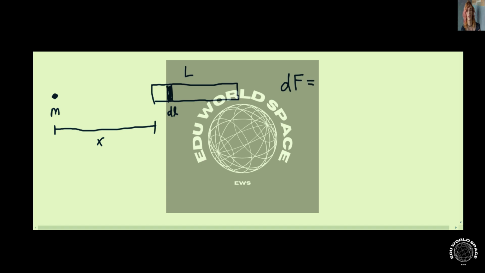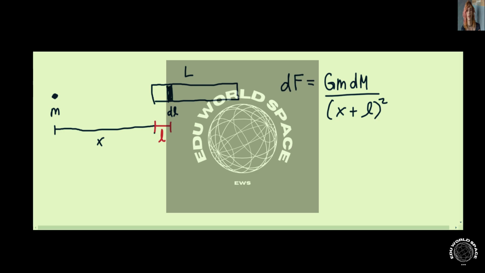Okay, so we know that the force between m and this little element dl is going to be G m times whatever little piece of the total mass is included in dl divided by the separation squared. So the separation between m and dl is going to be x plus l, where l is just the length between the end of the rod and this element dl.